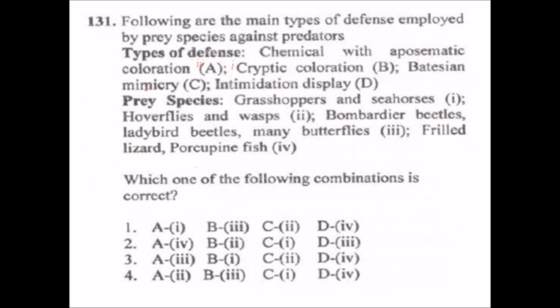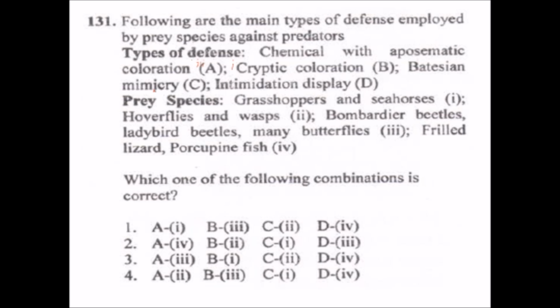Batesian mimicry is where a species adapts to resemble another species that is protected. For example, non-poisonous snakes resemble poisonous snakes.